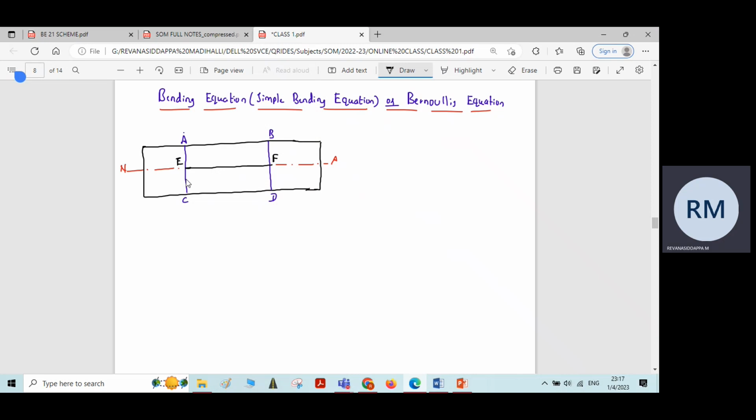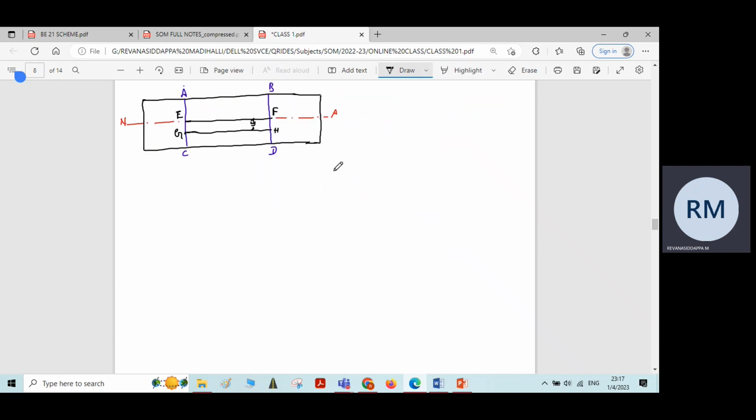Now let me consider one more layer, GH, at a distance y from the neutral axis. Now assume that this beam is subjected to bending. Now I'll write the diagram of the bent beam.